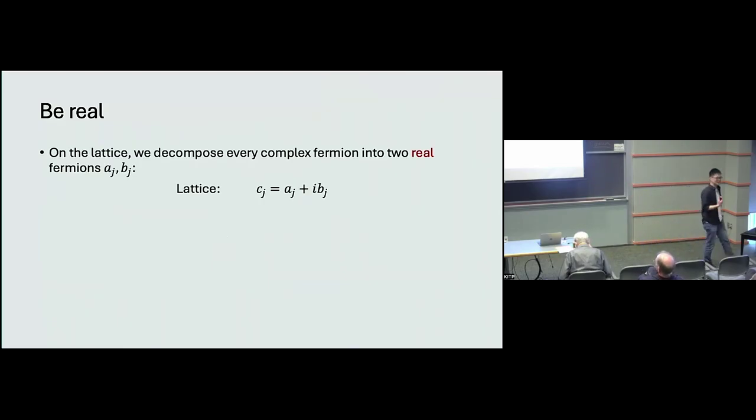If you think about it, it's kind of funny because I don't know about you, but when I first learned math, I first learned real numbers and then moved on to the complex numbers. But when I learned fermions, we always first learn Dirac fermions, and then we move on to learn the Majorana fermions. Of course, there's a good reason behind it. But in this talk, it's really crucial to think about every fermion, both on the lattice and in the continuum, in terms of the minimal representation of the Clifford algebra.